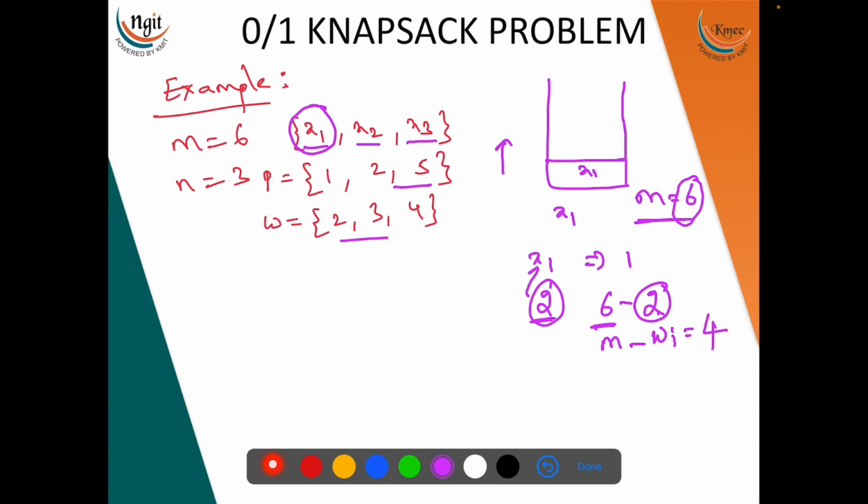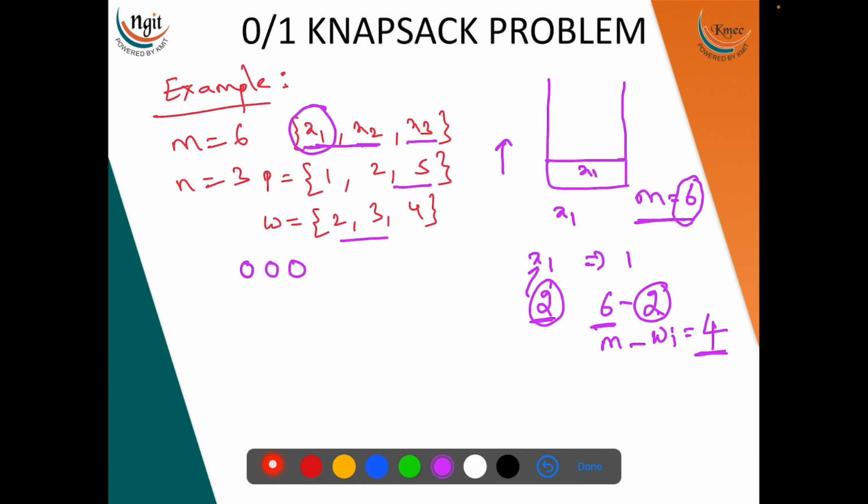Now, as you have this 4, go back to x2. When you have x2, think about placing x1 and x2 inside the bag. I already placed x1; do I have any chance to place x2? That's why I'm writing the combinations. The first combination is no item placed in the bag.